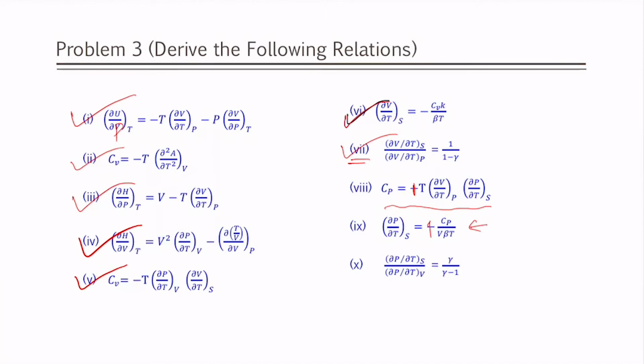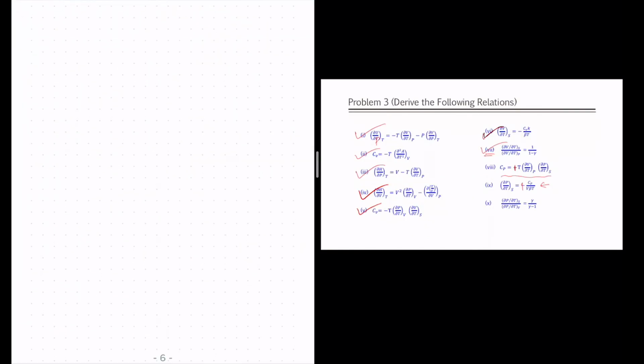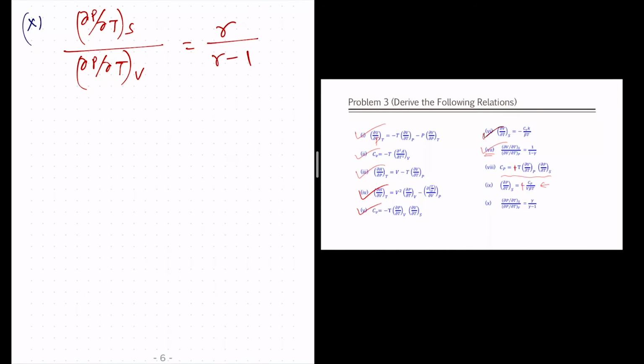Now, we will do the last problem of this thermodynamic relation, because I think we have done enough, so that now these things become comfortable for you. The last problem says that del P by del T at a constant S divided by del P by del T at a constant V, we have to prove that to be gamma by gamma minus 1.